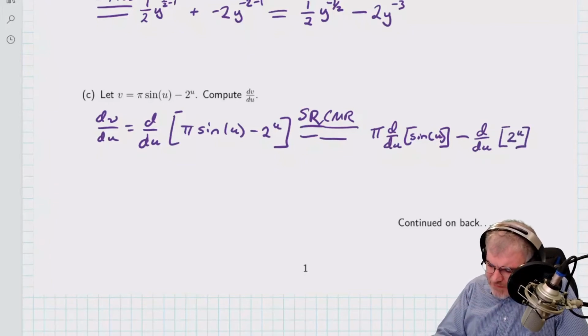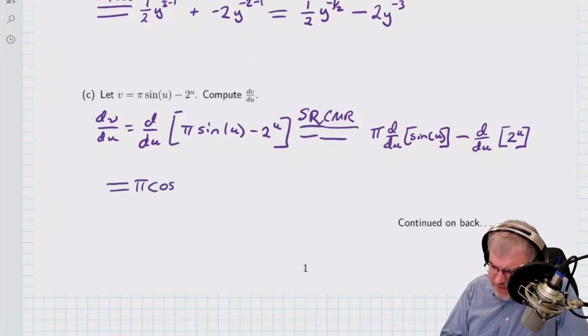Okay, so this becomes baggage. This right here will become cosine. So I've got my baggage there, and then I've got my cosine of u. Minus, now this thing right here generates an ln of 2 times 2 to the u.